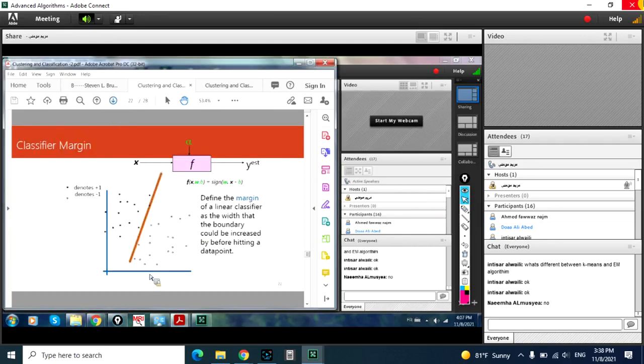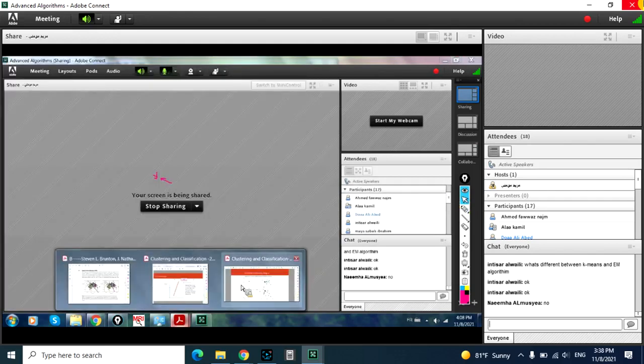In the support vector machine, in addition to the line, they consider a margin to this line, this orange area around this line. If we consider the margin around this line, then maybe we can decide better which line is better.